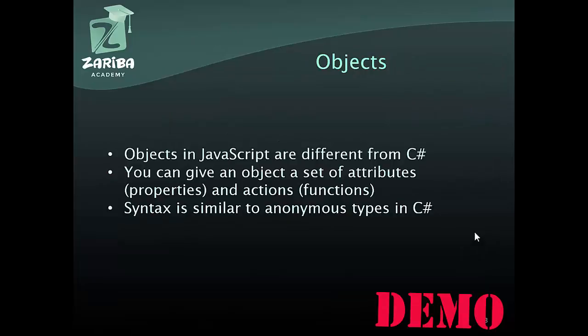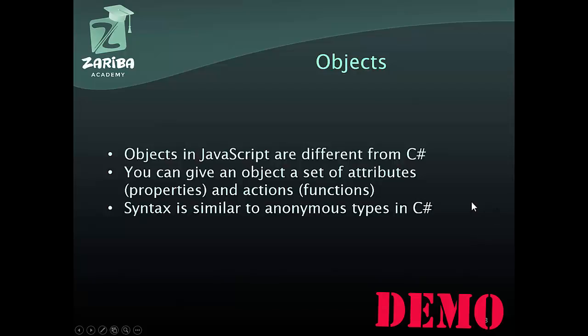Objects. So objects in JavaScript are different from C#, and I wouldn't say really that different, but there are some differences. Yes, you can give an object a set of attributes, properties, and actions. So this was the different thing. In C#, I'm not sure, but if you have an anonymous type, something like var bunny equals new and then brackets, and then we start saying, well, name equals something.